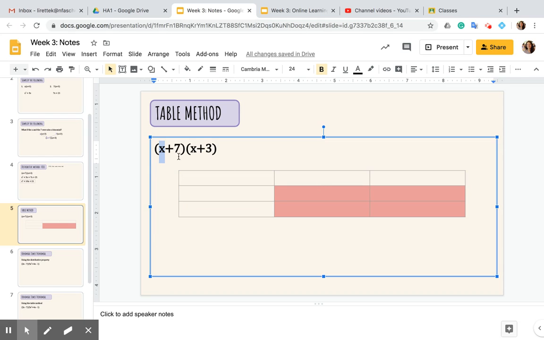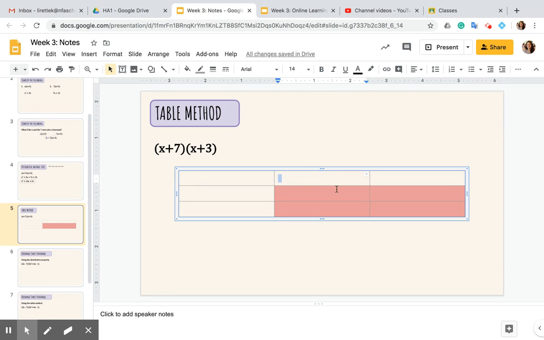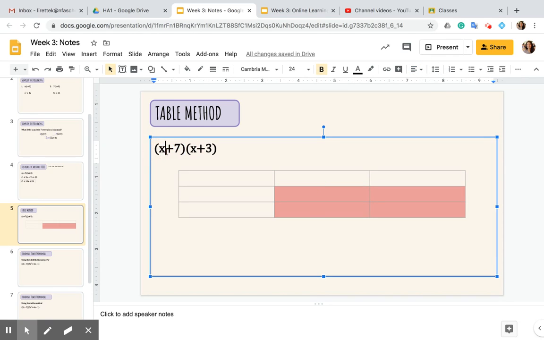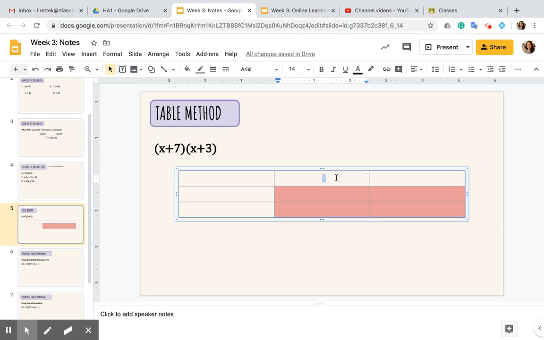So above one of my grids, and it doesn't matter where, so long as you're keeping your terms together. So for example, wherever I put this x, I have to make sure that the 7 is being placed near it. So I'm going to place my x above column 1.